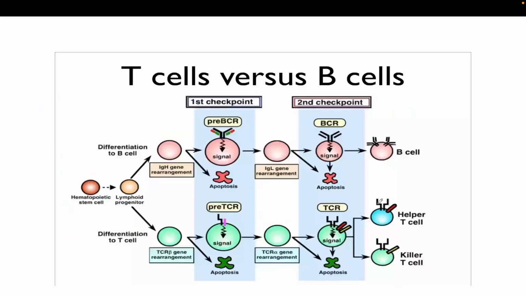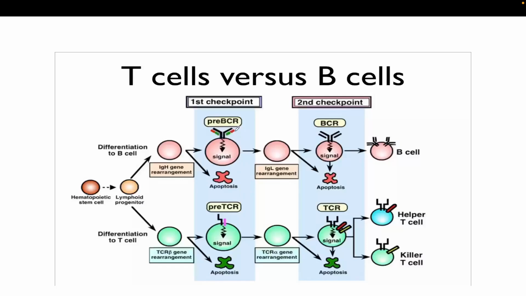So this is the brief of both the cell developments. This is the hematopoietic stem cell, then it will be converted into the lymphoid progenitor cell, and if it is differentiating into B cell, then firstly the immunoglobulin heavy chain rearrangement will take place, and it is called the pre-BCR. Here you can see that a surrogate light chain also starts to be produced, and if it is not produced, then it will go for apoptosis.